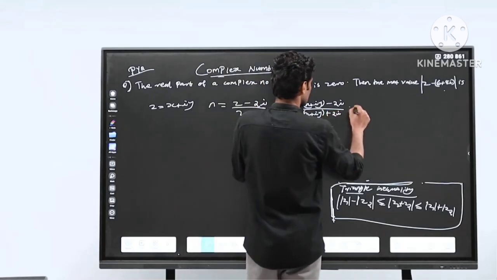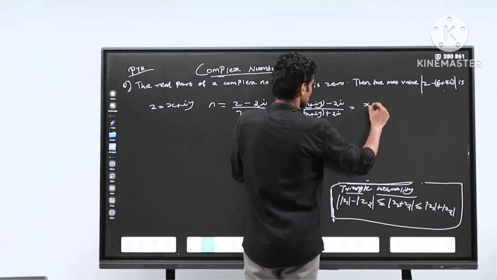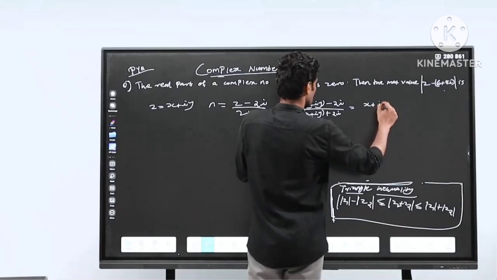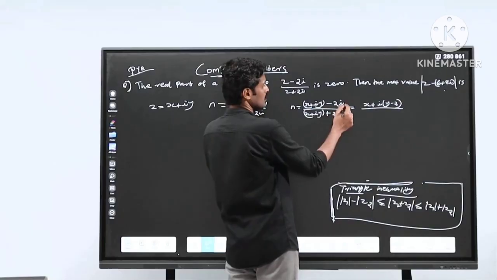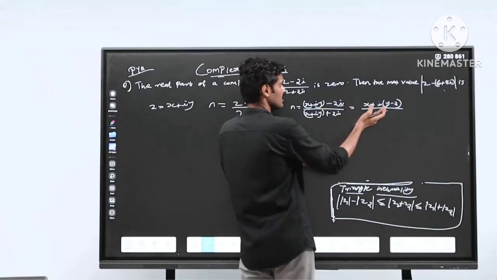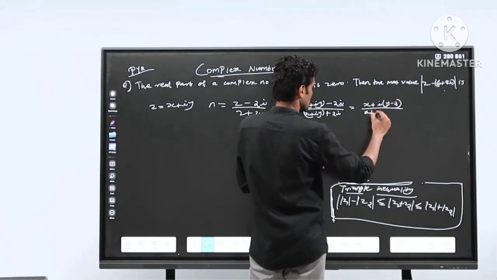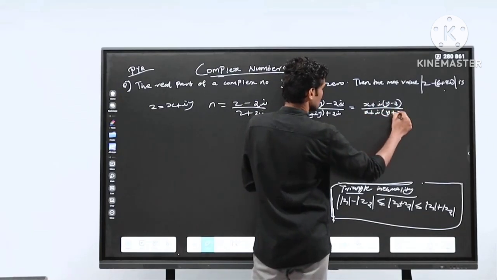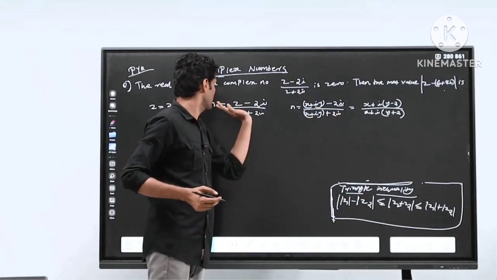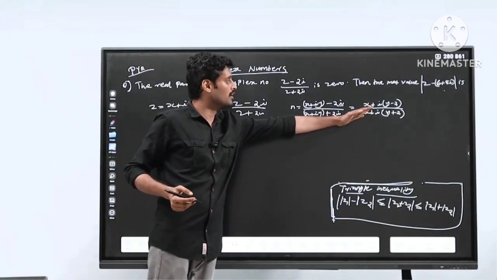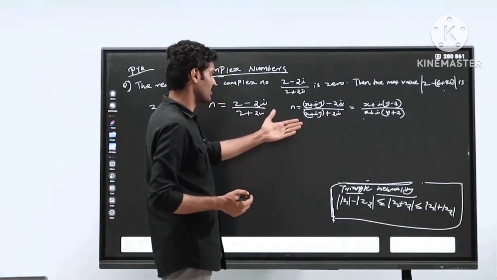Taking the common factor i, we can write it as x plus i into (y minus 2) divided by x plus i into (y plus 2). Then we can standardize.